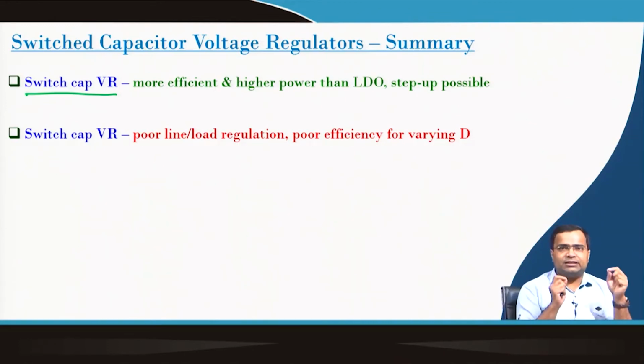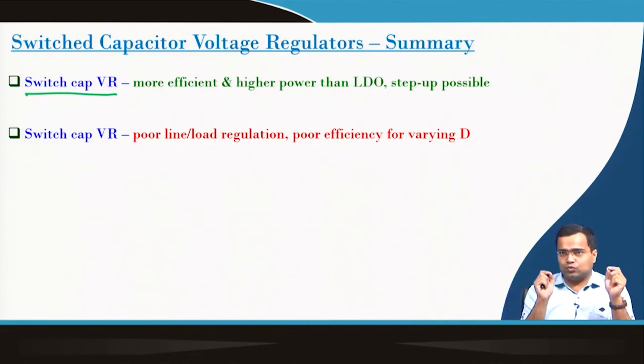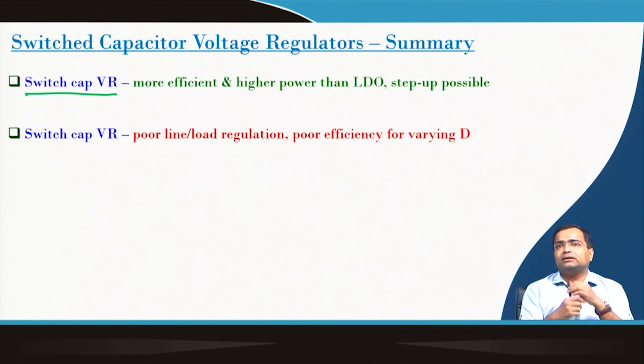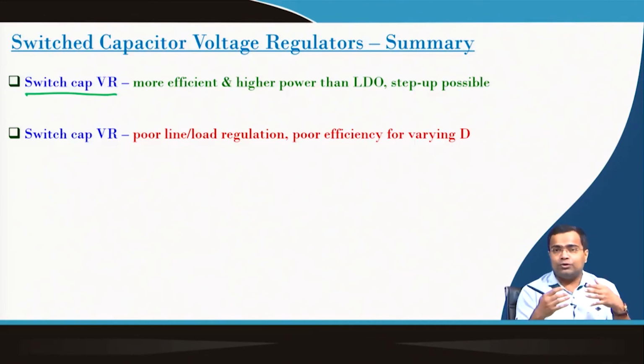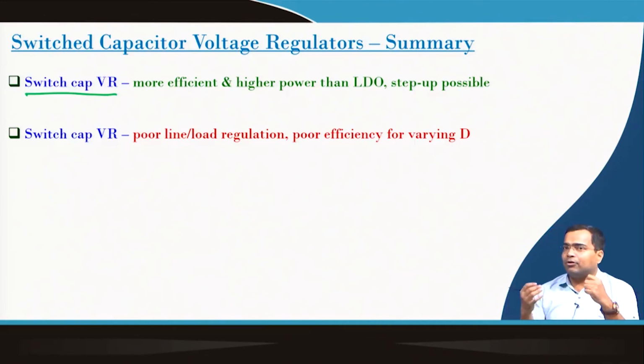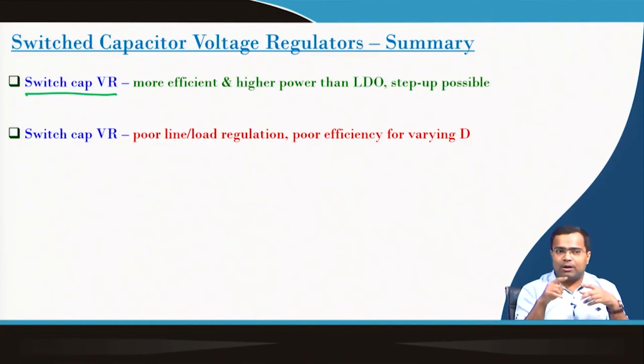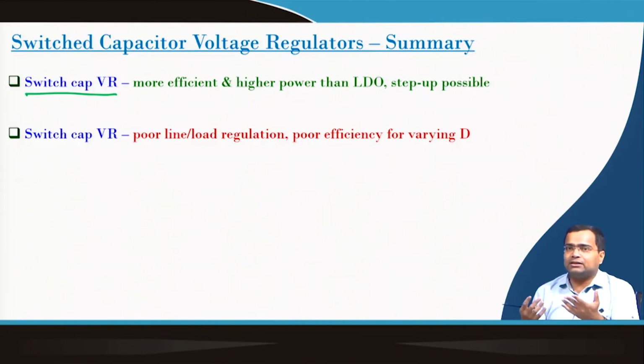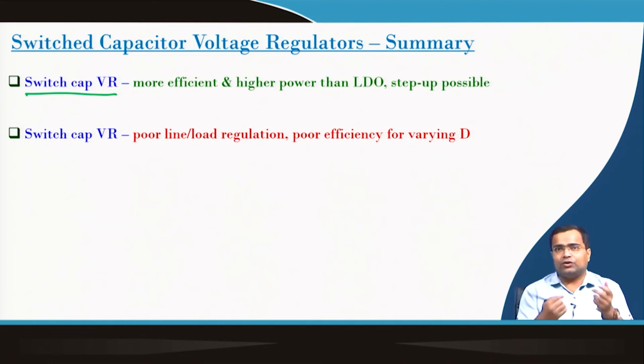So, for the best efficiency, we should operate close to Vin by 2 for one cell. That means the voltage step up and step down we can generally achieve in a factor of 2 for one cell, a factor of 4 for 2 cells, a factor of 8 for 3 cells, and so on.